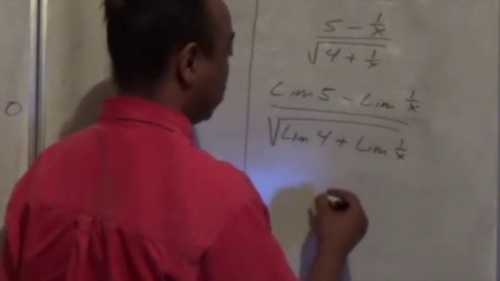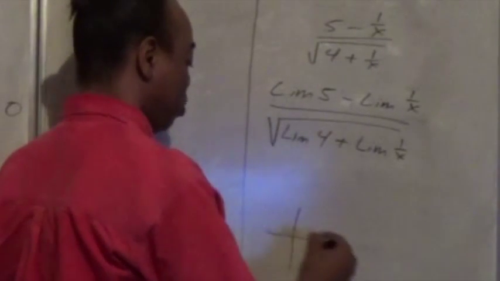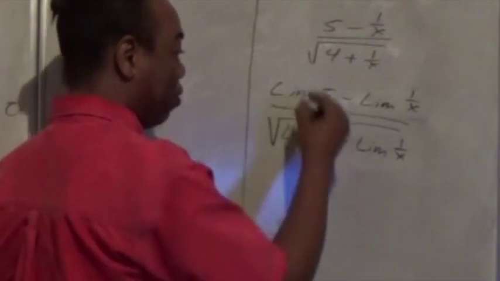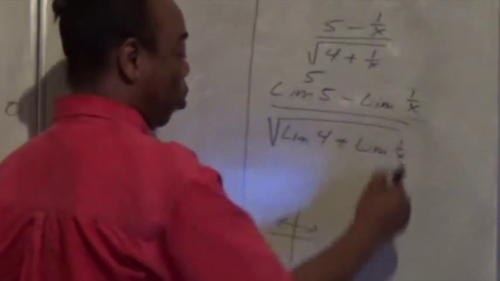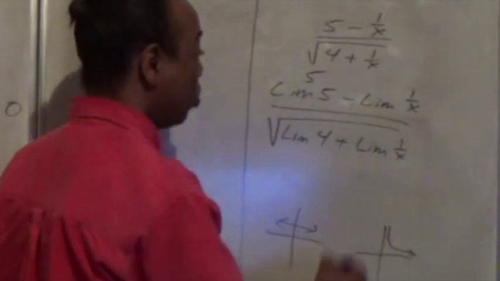Okay, that should suffice. The limit of a constant function, 5 is a constant function, so it's horizontal. As you go out to positive infinity, it will remain 5. The limit of 1 over x, as you go to the right, will become 0.